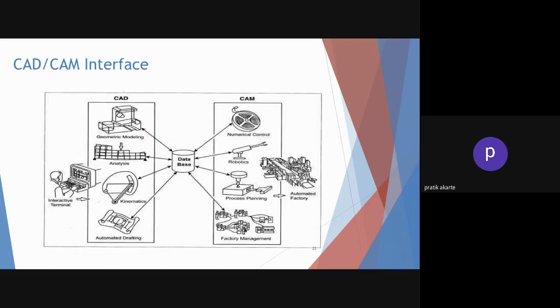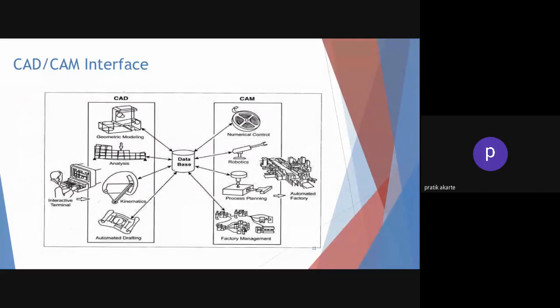This diagram gives you the idea about how it is interfaced. Everything depends on the exchange of the database, the exchange of information. Whatever data is generated in CAD has to be communicated to CAM for further processing.